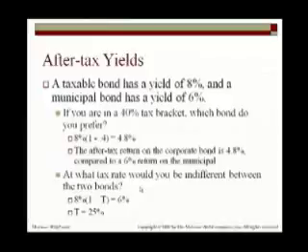And if your tax rate is greater than 25%, you'd rather have the municipal bond. And if your tax rate is less than 25%, you'd rather have the corporate bond. So there are real clienteles, and they're determined by the tax rate of the individuals. Some clients prefer corporate bonds, some clients prefer municipal bonds.